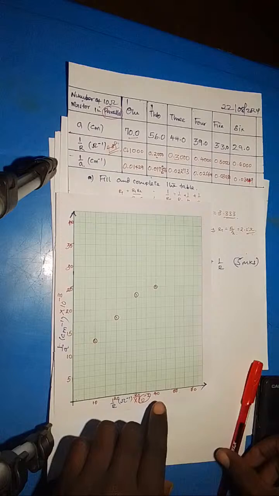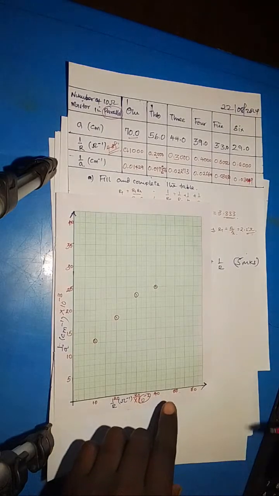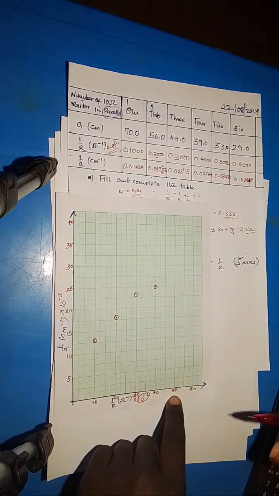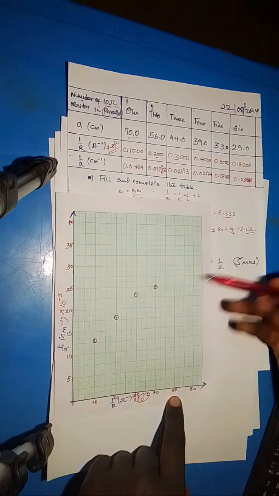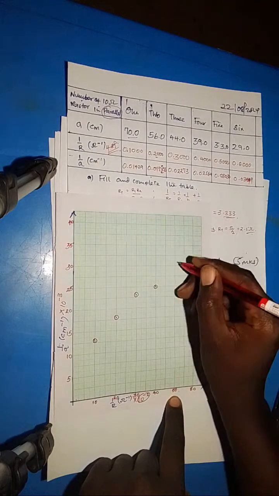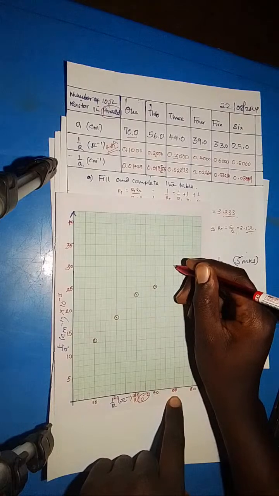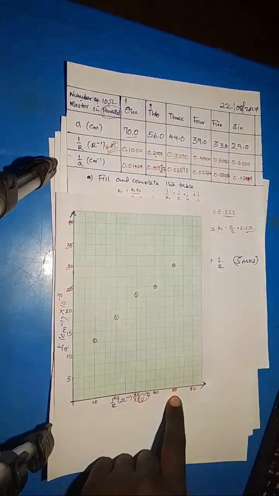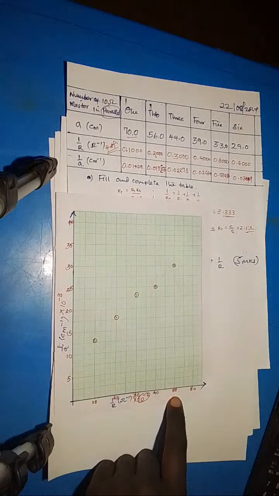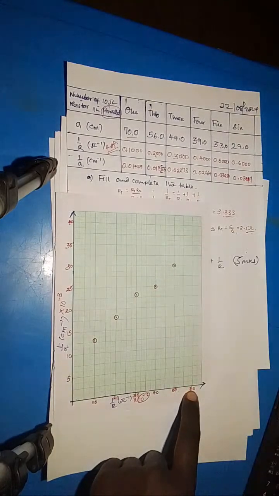Now we move on to the next one, which is 5. To me, it is 50 against 30. I'd go straight to this point, 50 against 30. And then the last one is 60 against 34.